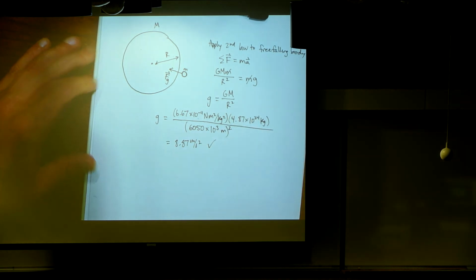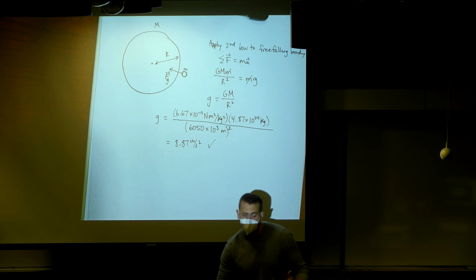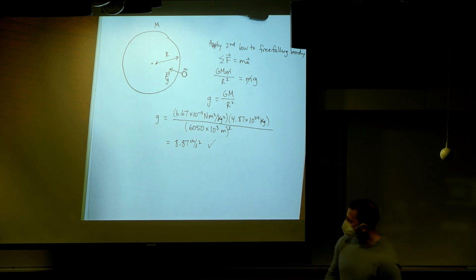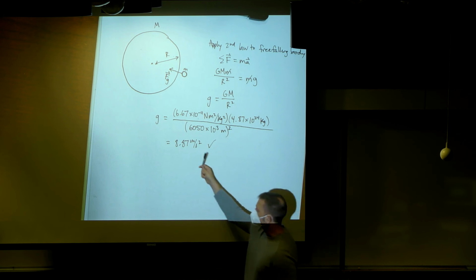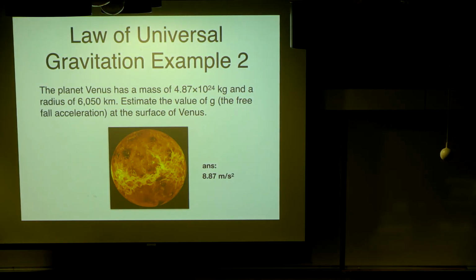So remember, the mass of Venus is only slightly less than that of Earth, and the radius is only slightly less than that of Earth. So it has a pretty similar free fall acceleration, not too far off. All right, so there's the answer, 8.87 meters per second squared.